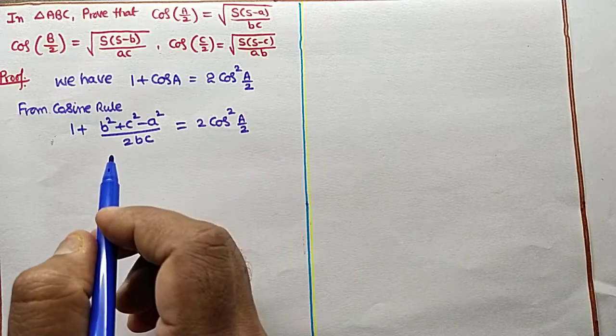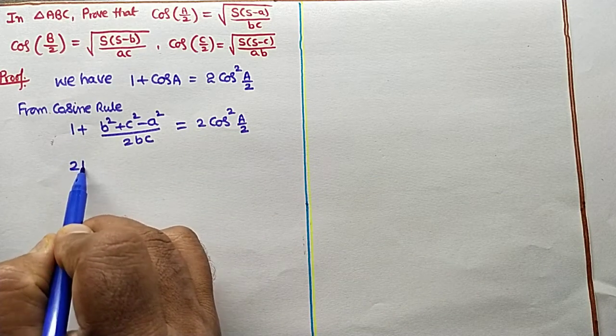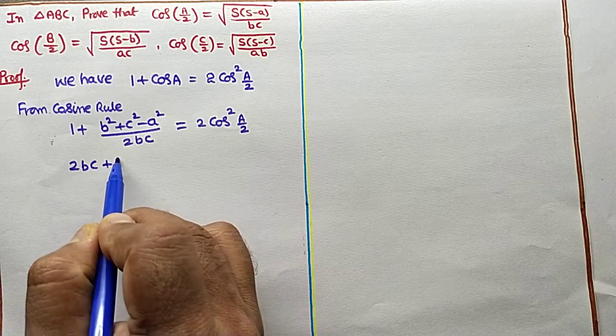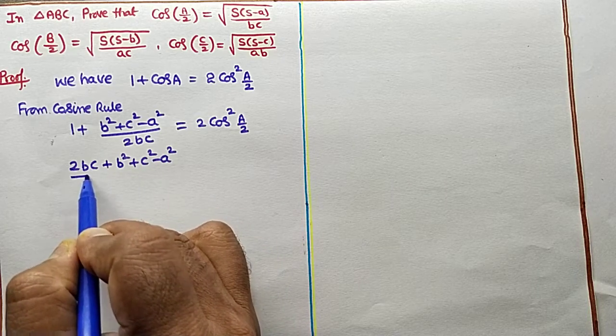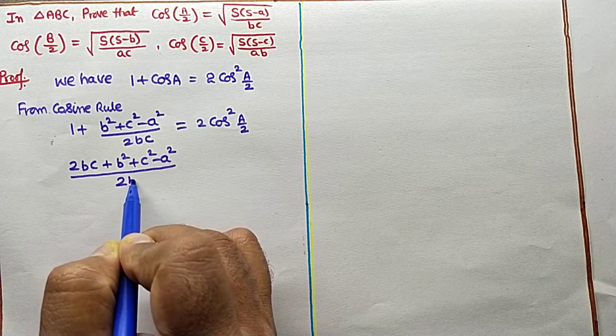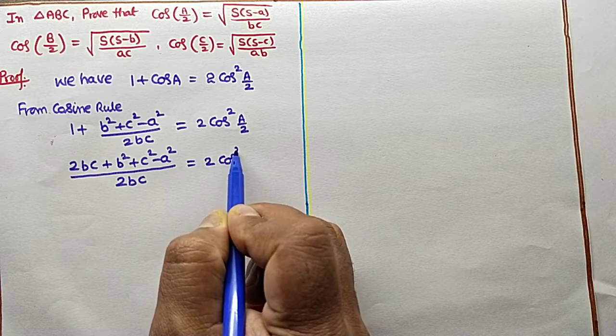Now take LCM. We will get 2BC into 1, so 2BC plus B square plus C square minus A square divided by 2BC, which is equal to 2 into cos square A by 2.